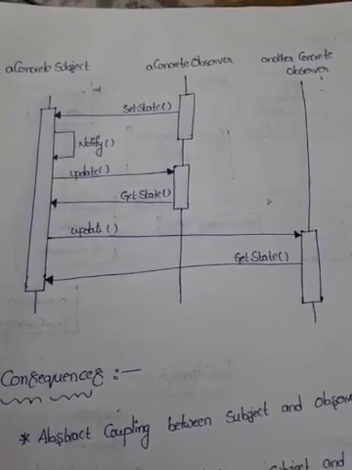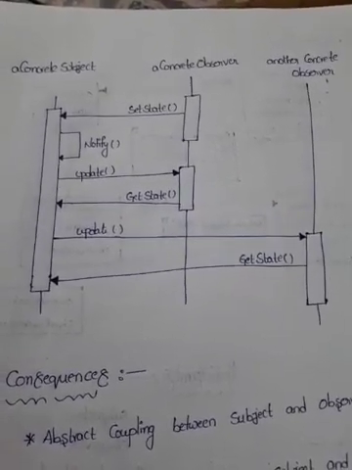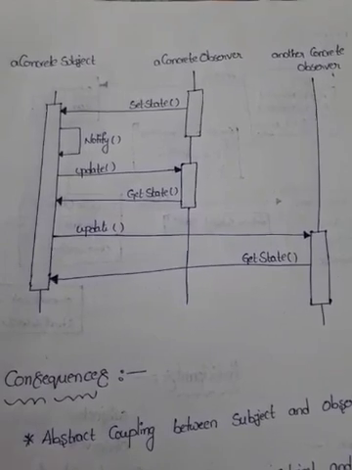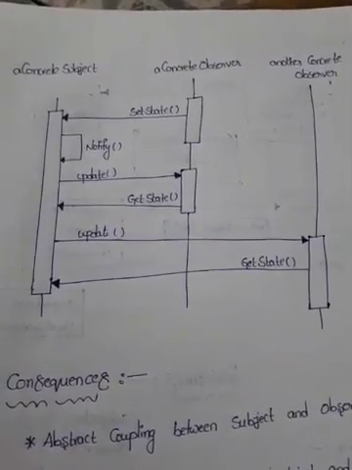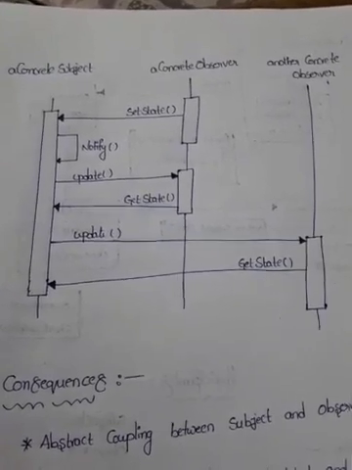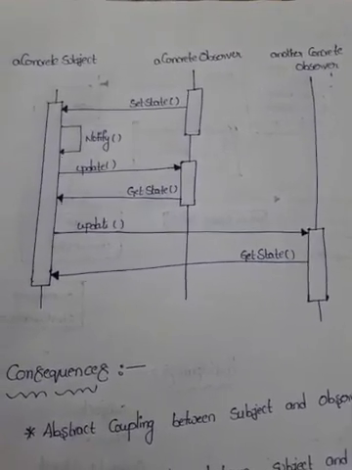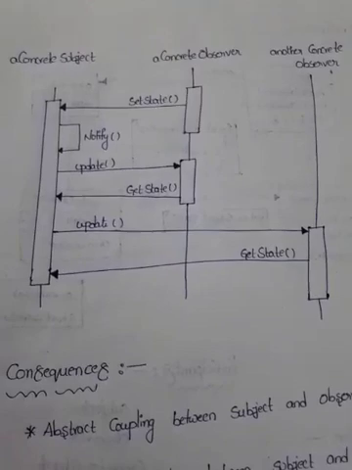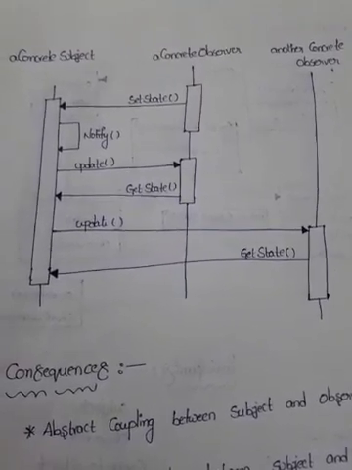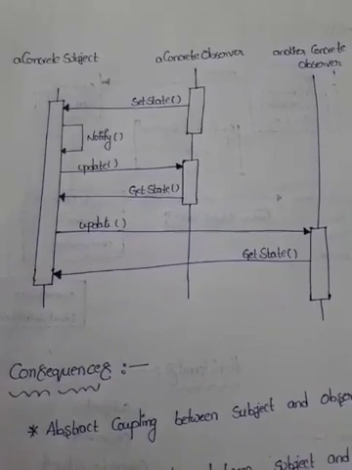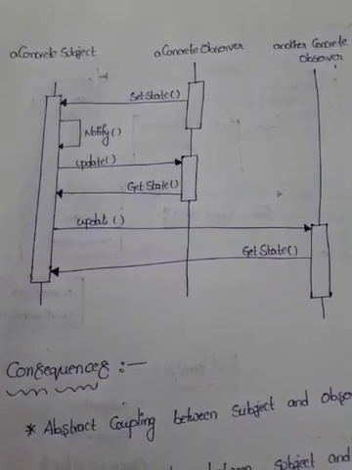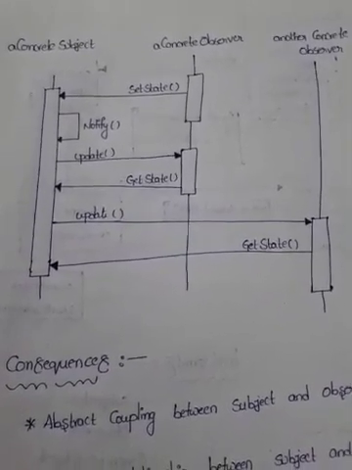So, this is about the collaboration template of an observer pattern. Here we consider 3 objects: a concrete subject, a concrete observer, and another concrete observer. Here the concrete subject notifies its observers when a change occurs that could make its observer's state inconsistent with its own.